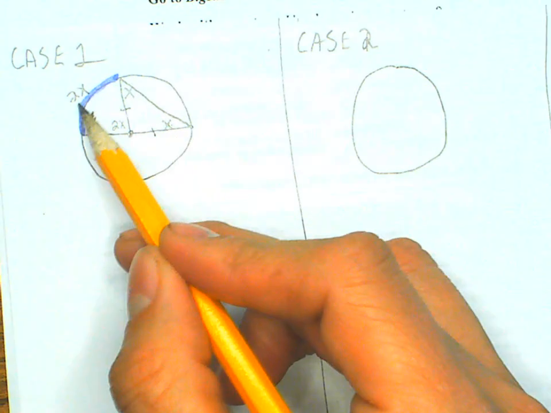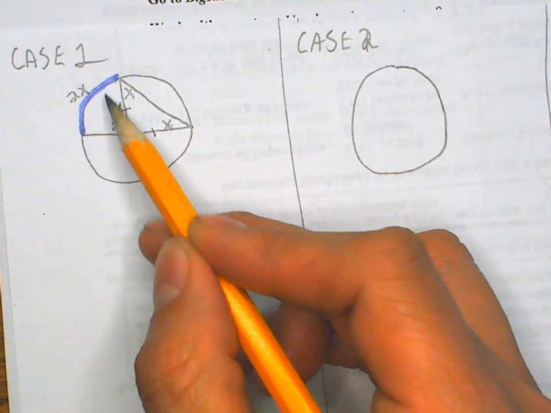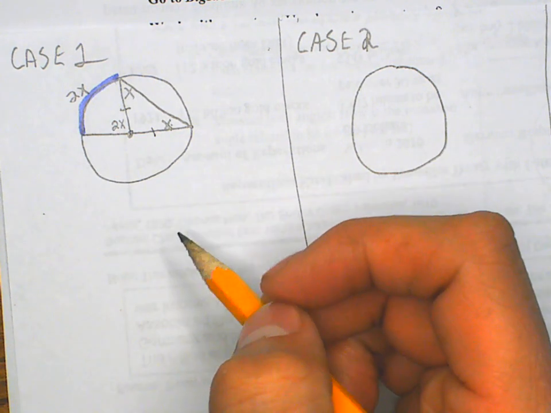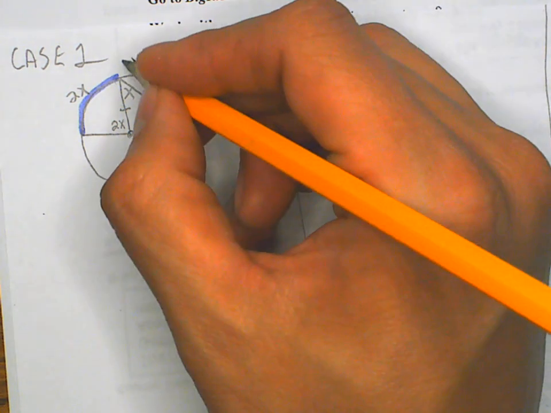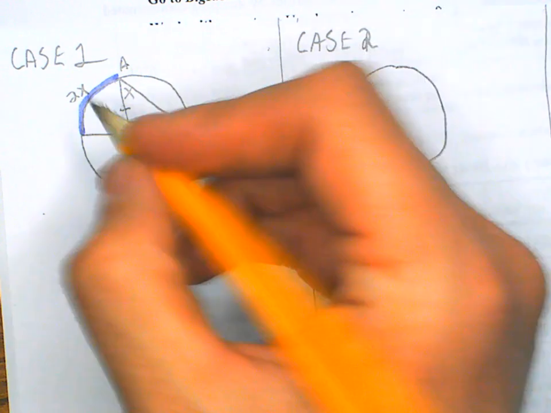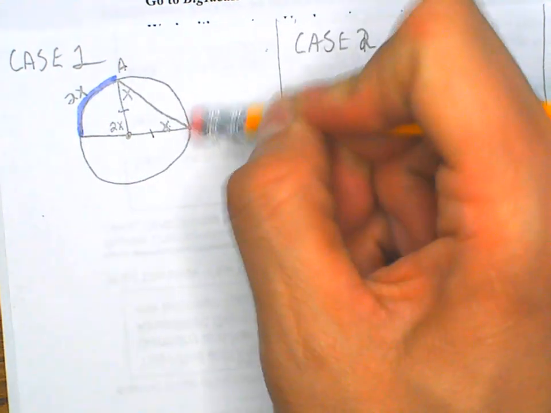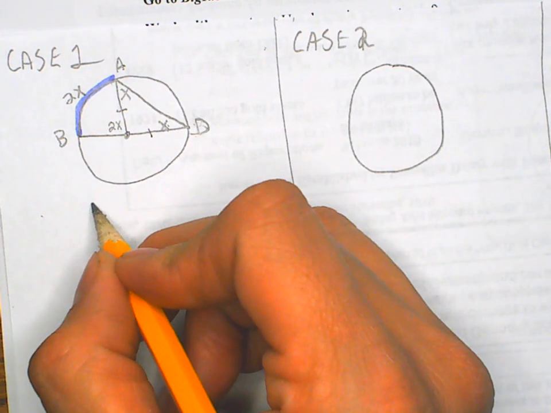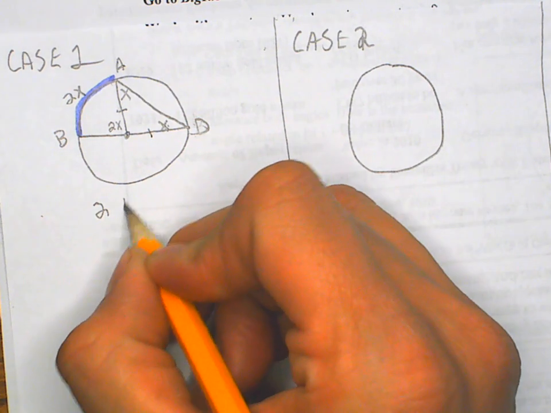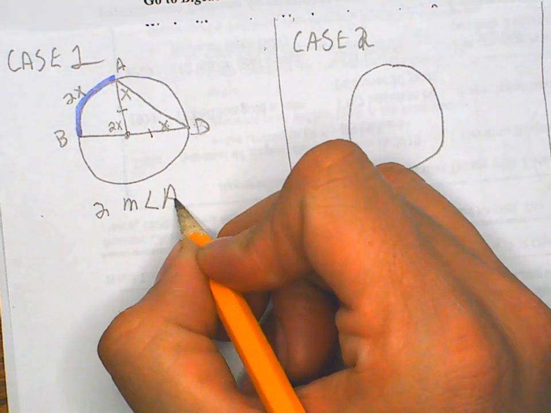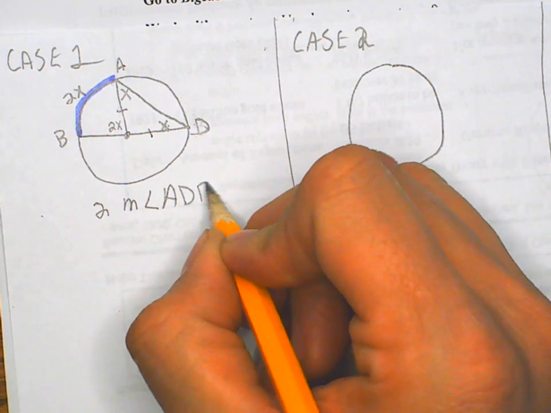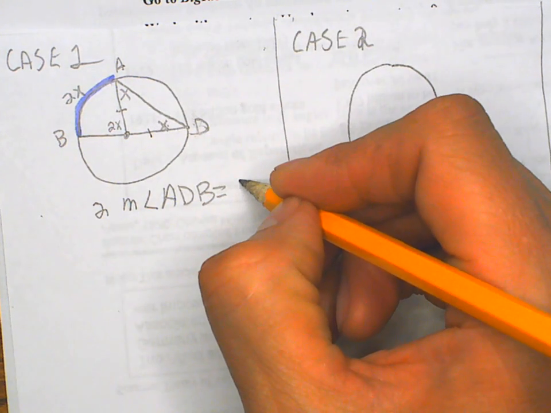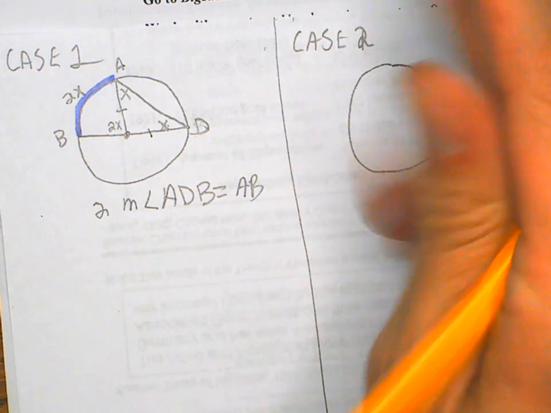Hence now, I am showing you that this angle here is going to be half the measurement of the arc right there. Okay? So now I'm going to give these names here. We have A, D, B. All right, so what we have here is 2 times the measure of angle ADB equal to the measure of arc AB.